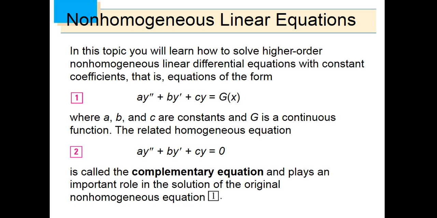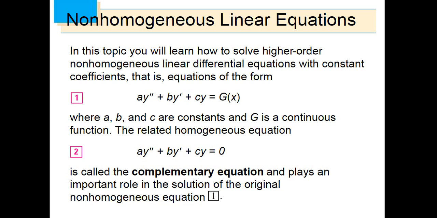So the solution of a non-homogeneous higher order differential equation comprises two parts when we use the method of undetermined coefficients. The first part is based on the complementary equation, which is the same equation as your given non-homogeneous DE, except that this time you set the right side equal to 0. Your original non-homogeneous equation is now converted into what we call a complementary equation.